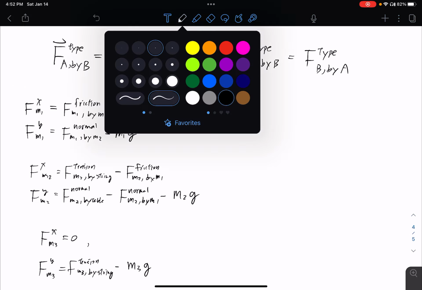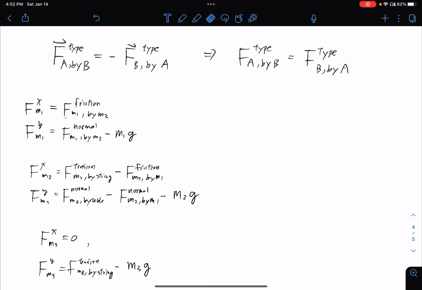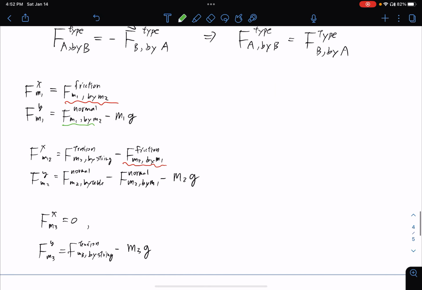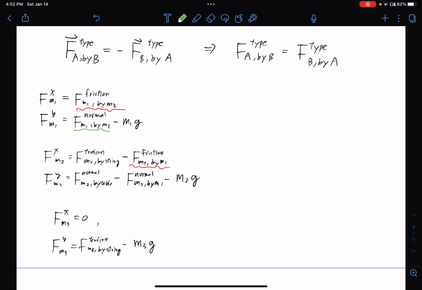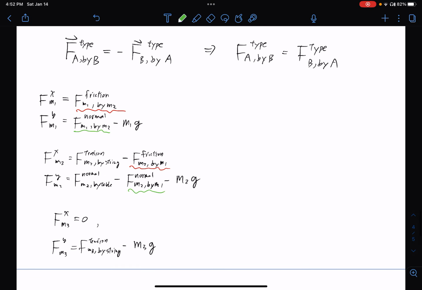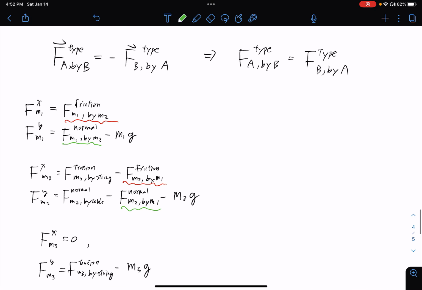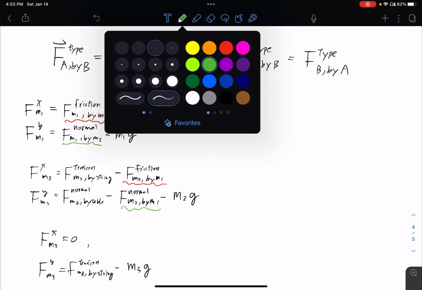The friction force from m2 acting on m1 can be paired up with the same type of force, which is friction, acting on m2 by m1. Similarly, the normal force acting on m1 by m2 can be paired up with the normal force acting on m2 by m1. These are the two Newton's third law pairs in our equation.